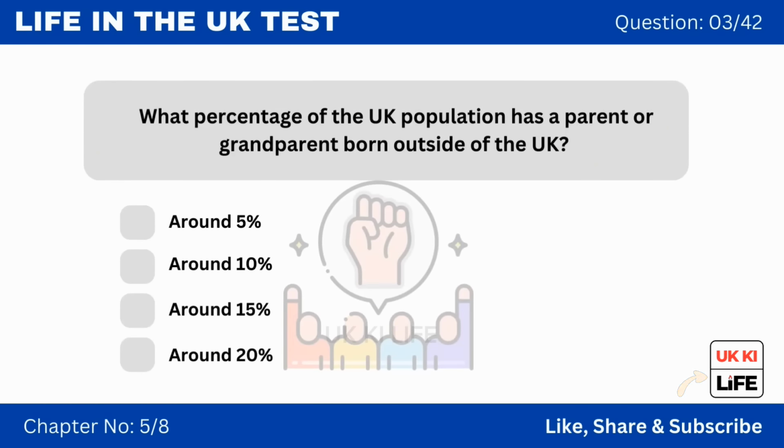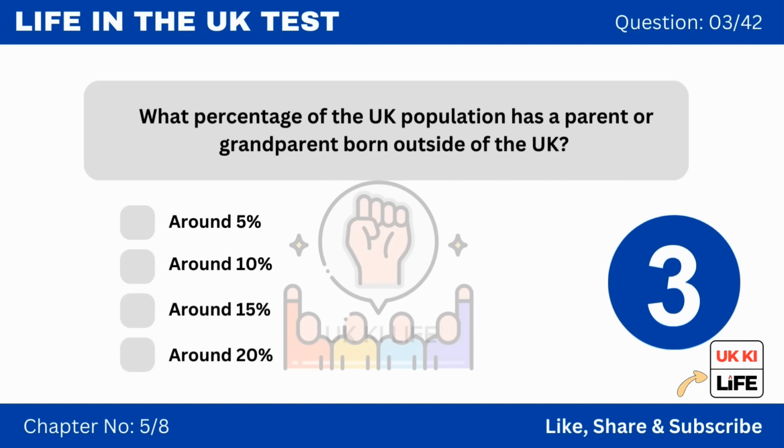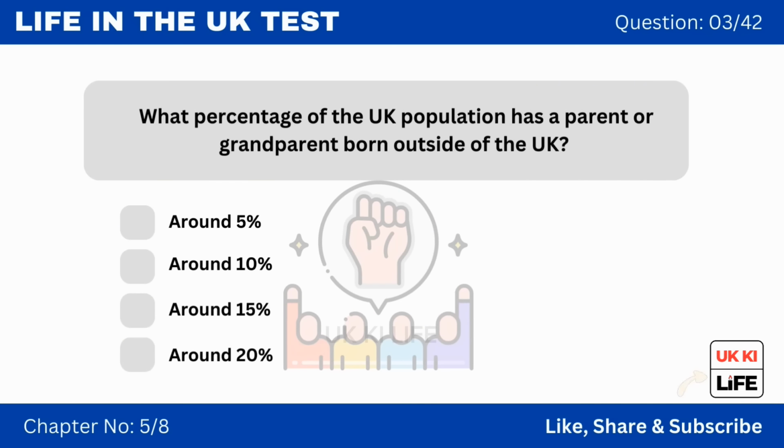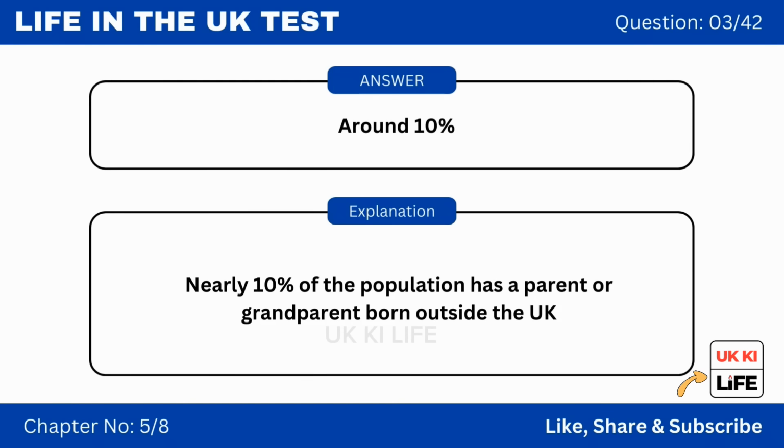Question 3. What percentage of the UK population has a parent or grandparent born outside of the UK? Around 5%, around 10%, around 15%, around 20%. The correct option is B. Explanation.